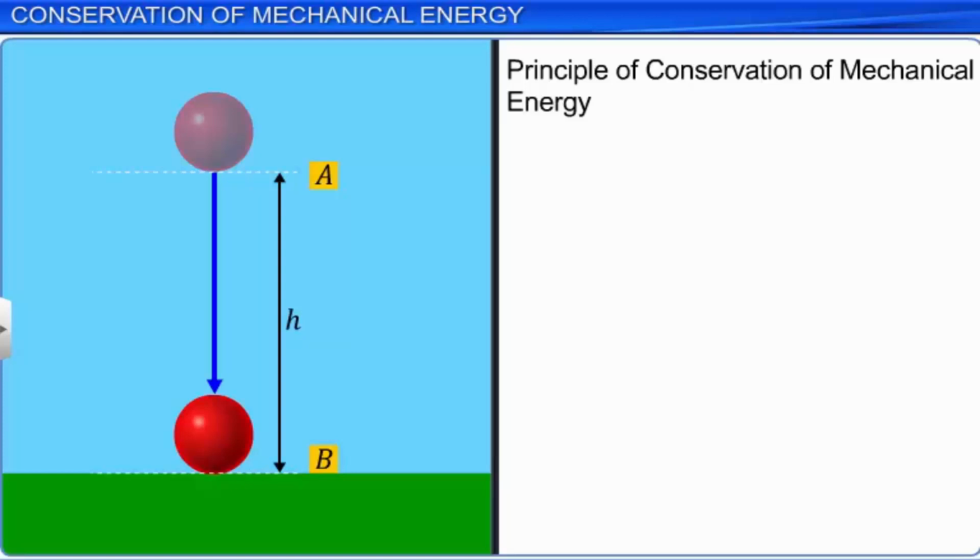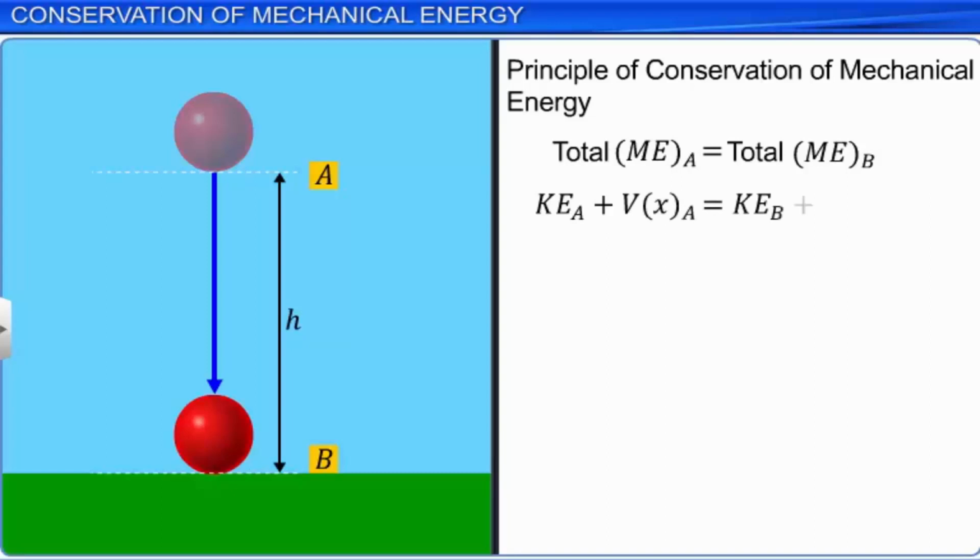That is, the total mechanical energy at A is equal to the total mechanical energy at B. Or KE_A plus V(x) for A is equal to KE_B plus V(x) for B. Let this be equation 5.